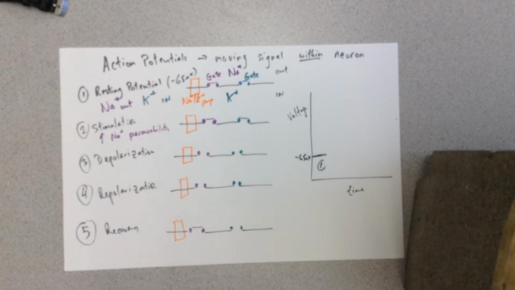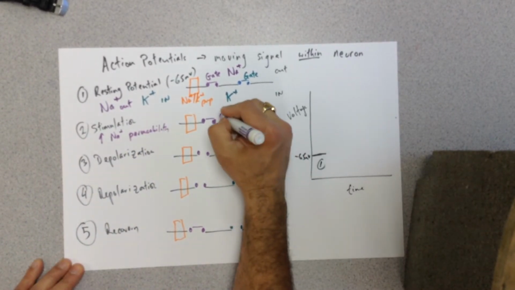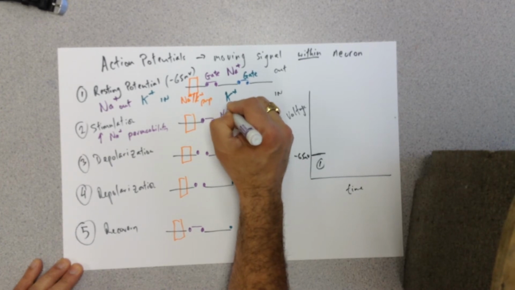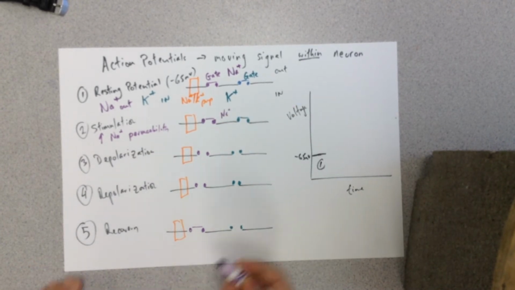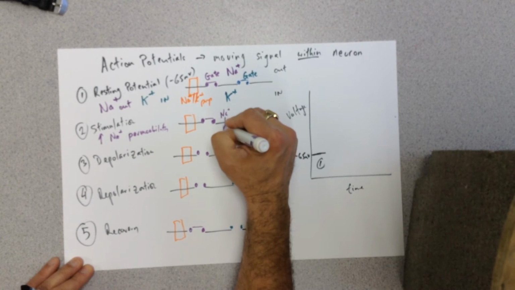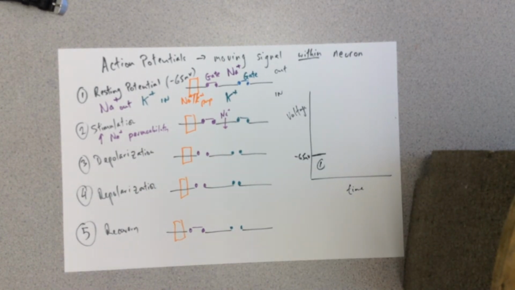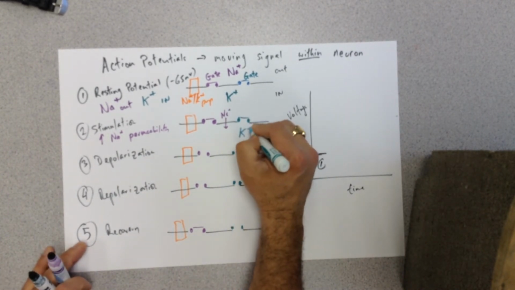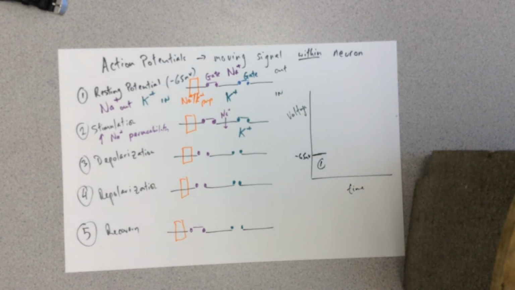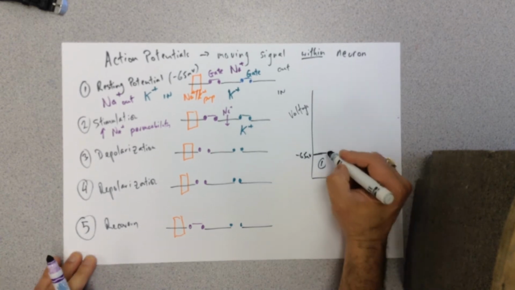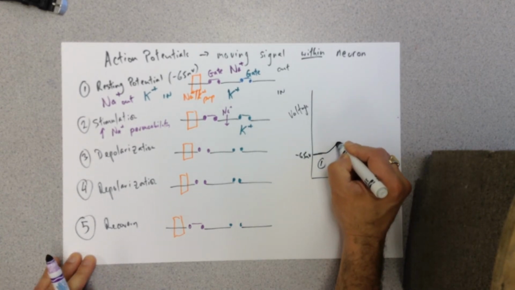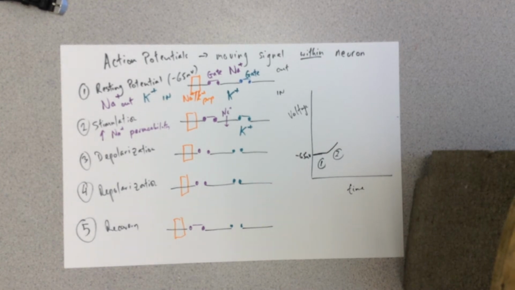So the cell becomes more permeable to sodium, so a small amount of that sodium starts to leak into the cell. We still have our potassium on the inside, gate still closed, so sodium starts to leak in, and what that causes is the voltage starts to creep up a little bit. So number two is stimulation, the voltage starts to rise slightly.